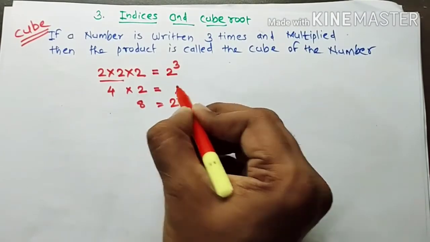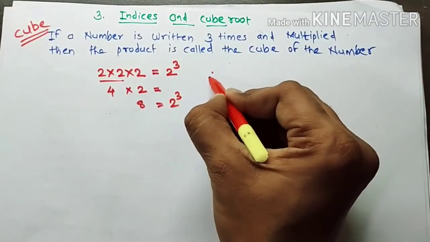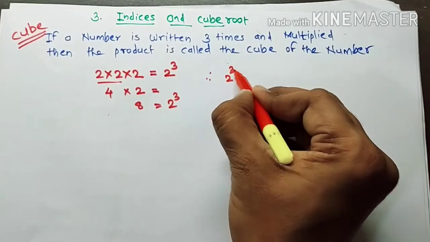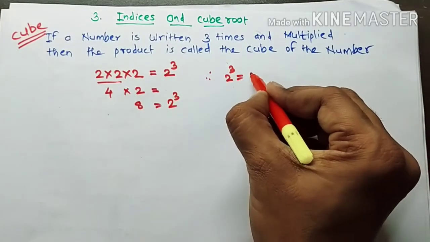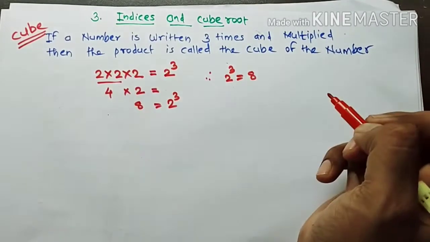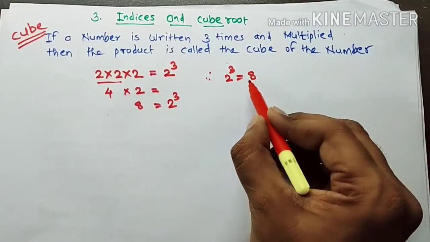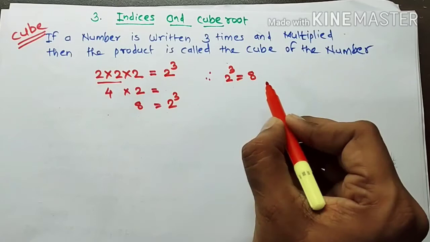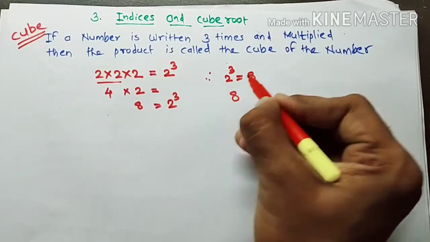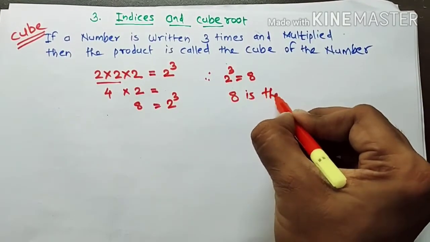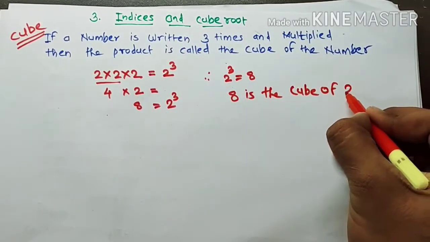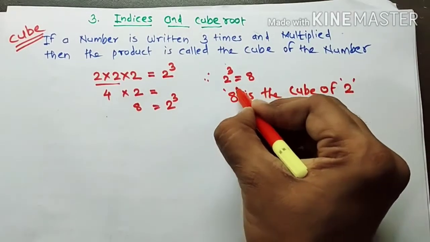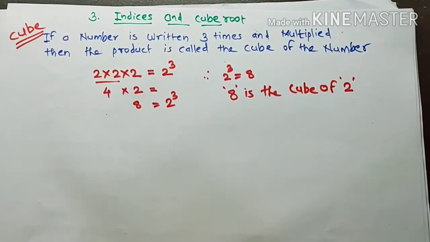Means 2 raised to 3, the cube of 2, is 8. We read it as: 8 is the cube of 2.